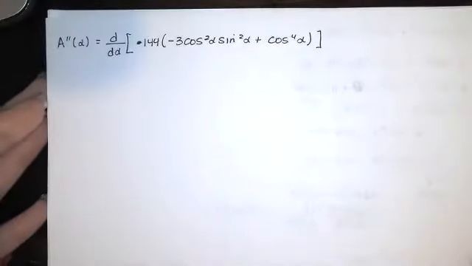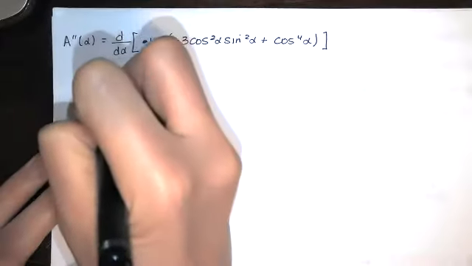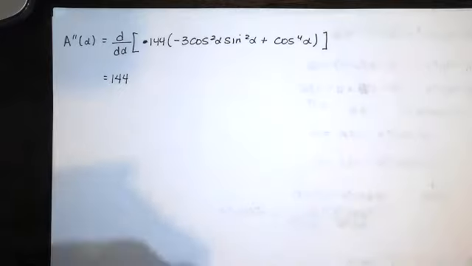Okay, so we're taking the second derivative, and then we're going to substitute in our critical value, see if the graph is concave upward there or concave downward there. Take out the 144. And for this part, we'll use the product rule.